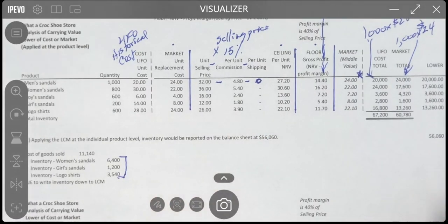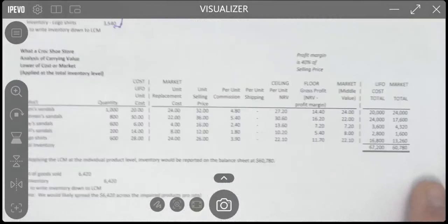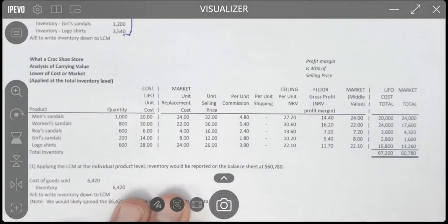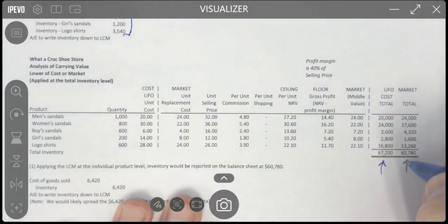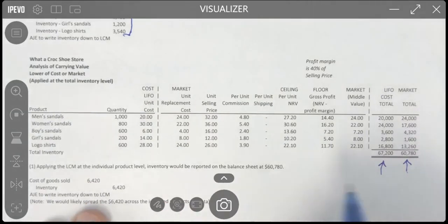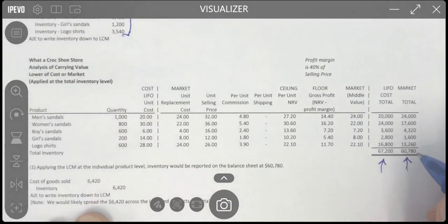Now, on a total inventory basis, we've already done the legwork here. We have the same LIFO cost, total inventory at LIFO cost, total inventory at market as defined under LOCOM, and we have to write it down from 67,200 to 60,780.